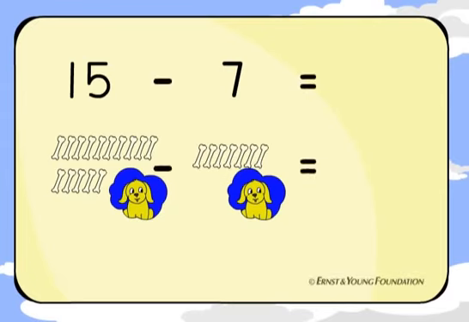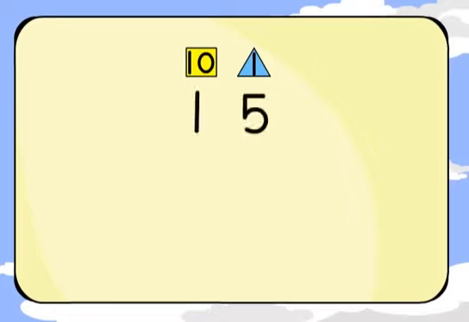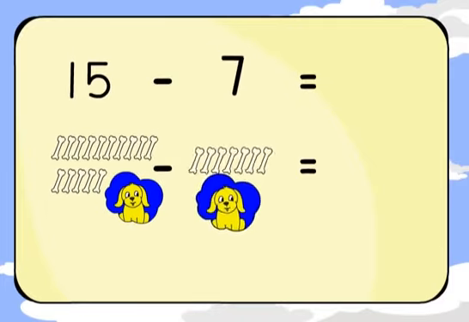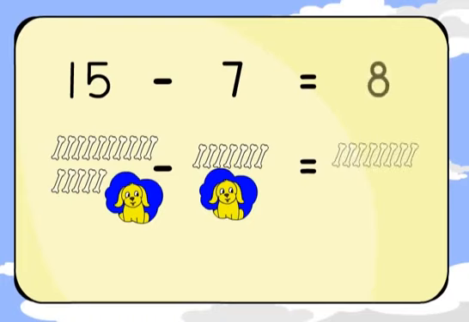How many bones does Raja have now? 15 minus 7 is equal to 8. Raja has 8 bones left.